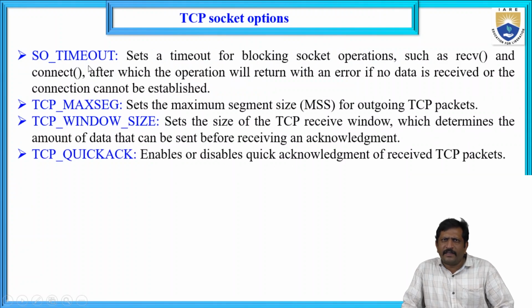Next, the socket timeout option. This option sets a timeout for blocking socket operations such as receive and connect, after which the operation will return with an error if no data is received or the connection cannot be established.